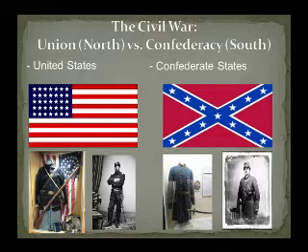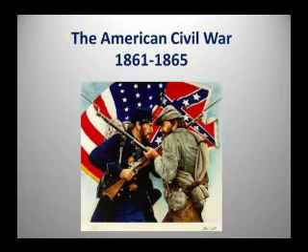So, the American Civil War was fought between the northern states, known as the Union, and the southern states, known as the Confederacy. The American Civil War is also known as the War Between the States, which began in 1861 and lasted till 1865.